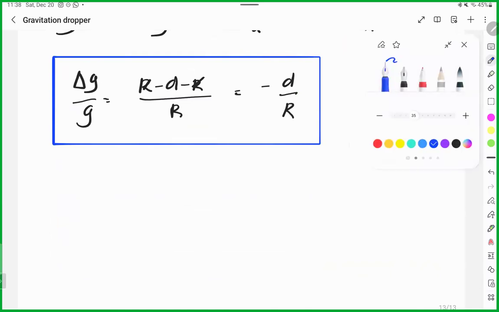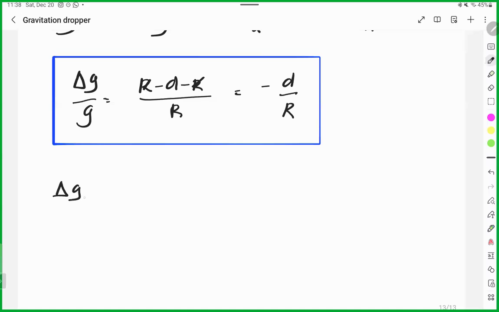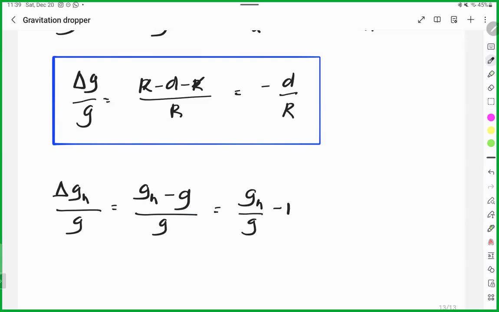Now calculate delta g by g for the height. Delta g for the height divided by g. What was the g_h by g value?